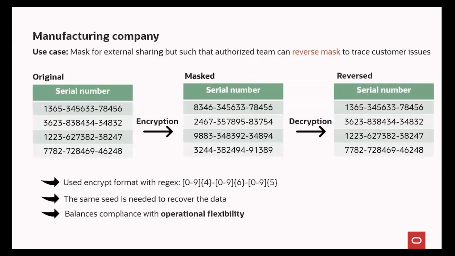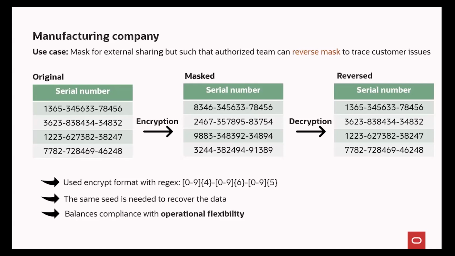Our last use case is for a manufacturing company, and after masking, they would want to reverse the mask and get their original data back. For their use case, they wanted to get the data back for their support team or the IT team to trace the customer issues.